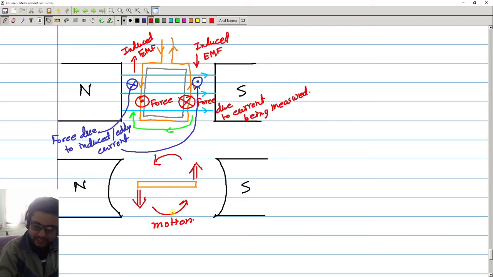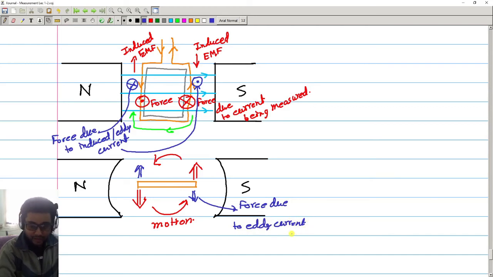So this is the motion that is set due to the original current, and due to that we saw that the coil starts to move, EMF is induced, and induced current flows, and that again causes some force, but that force is in the opposite direction. So this is the force due to eddy current.